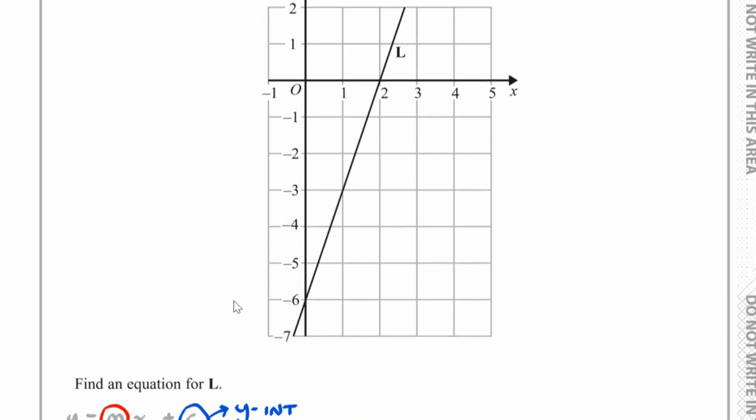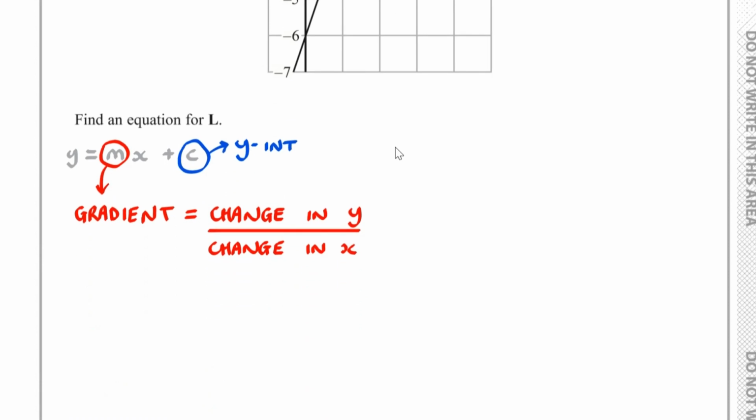So let's think about how we find the gradient. If I pick any 2 points, for example this point and this point, how many do we go across by? Well, that's just 1. And how many do I go up by? Well, that's 3. So the gradient in this case is equal to 3 divided by 1, which is 3.